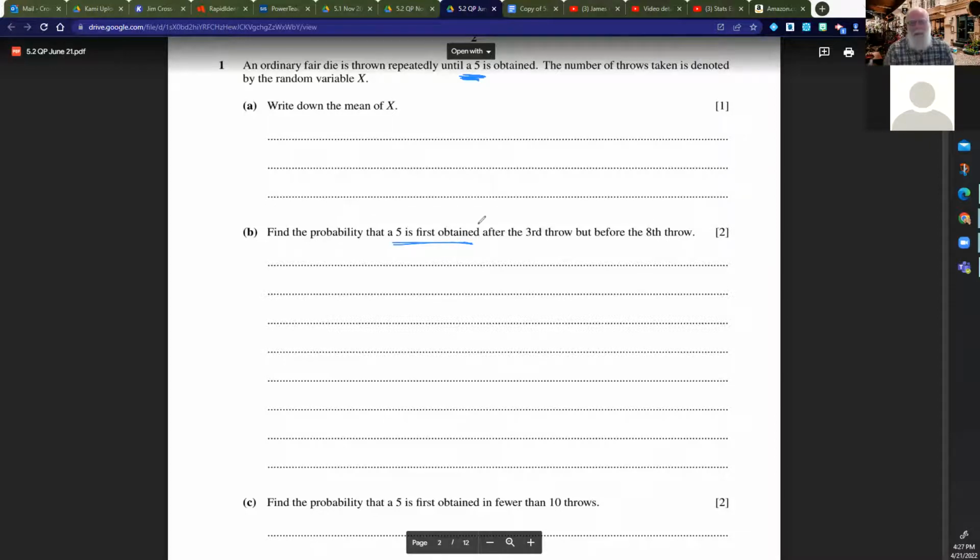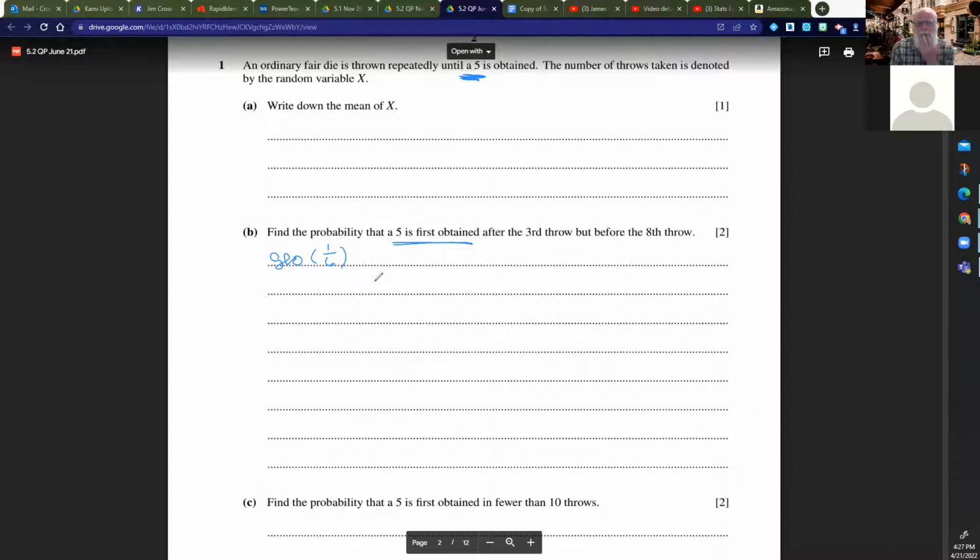All right, this tells me that we're still talking about a geometric distribution, because what I'm interested in is the first 5, only the first 5. So what was the probability of success? Yeah, 1/6, right? Okay.